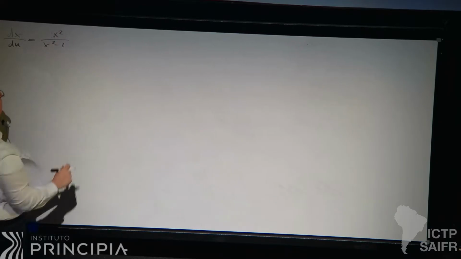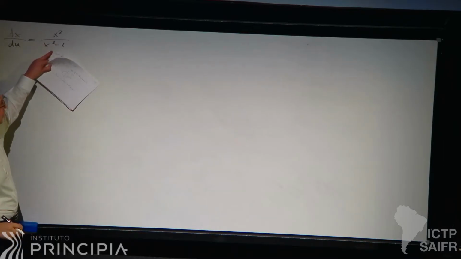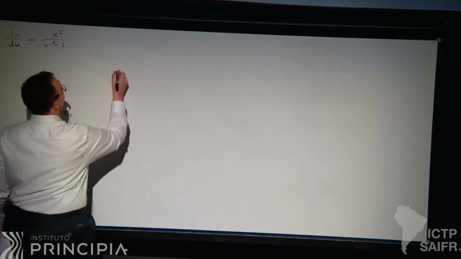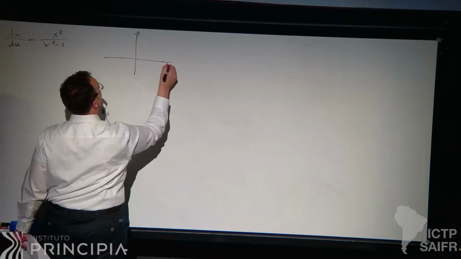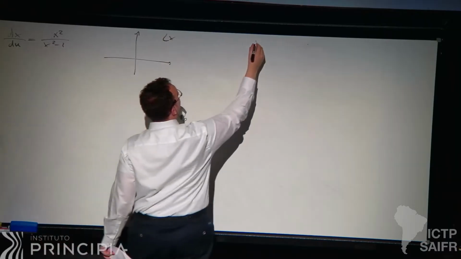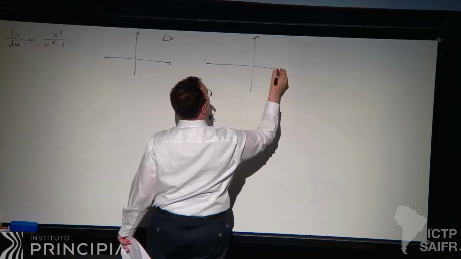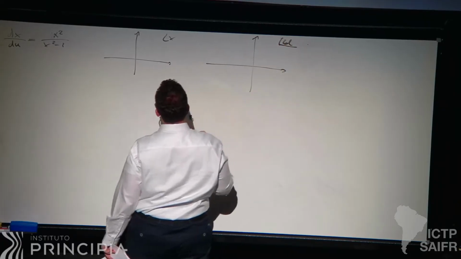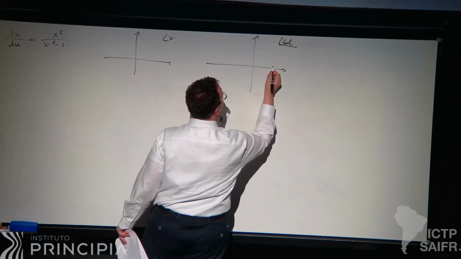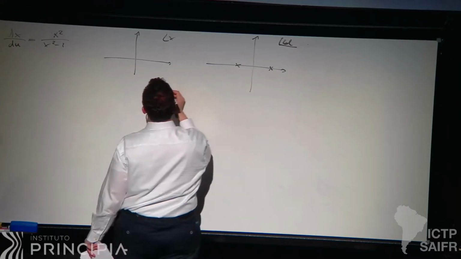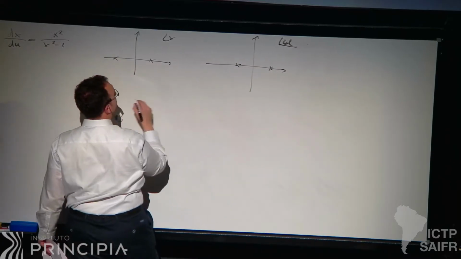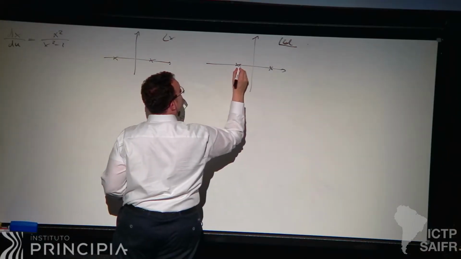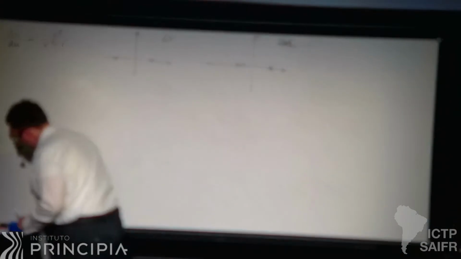So there are singularities whose images are at x equal plus minus 1 in this map. If you look at the x plane and the u plane, they have branch points on the u plane whose images are somewhere on the x plane. And this branch cut here, which I will mark in red.